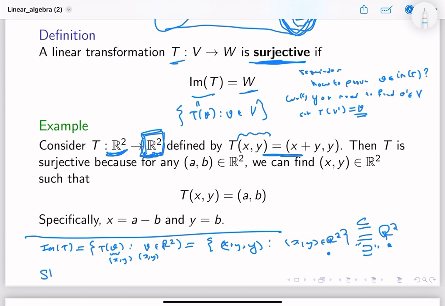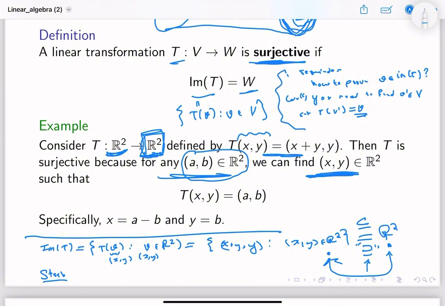So start with any vector in R2. Because we want to prove this containment, we start with a vector here and we show that it's here. So start with any vector (a, b) in R2. We want to find another vector in the domain such that T of (x, y) is equal to (a, b), because remember, this is how we show a vector is in the image.